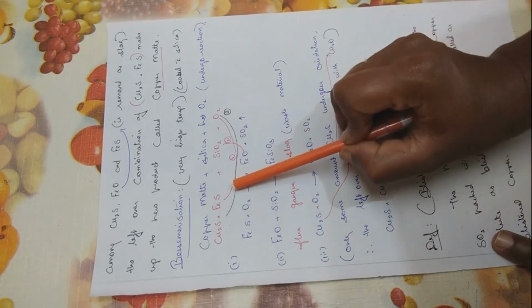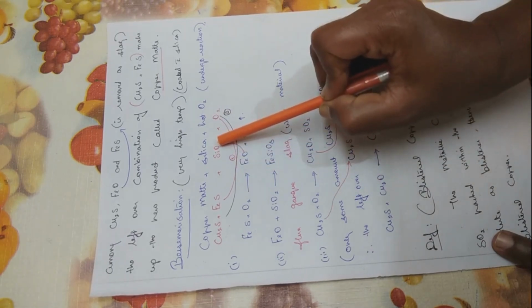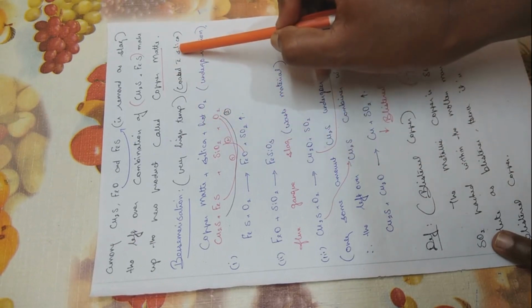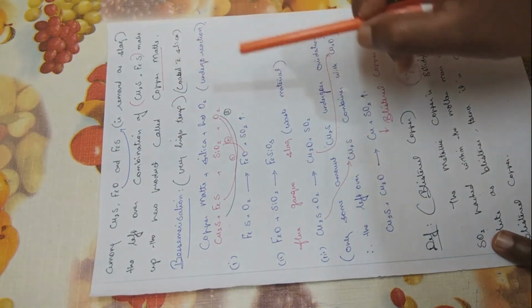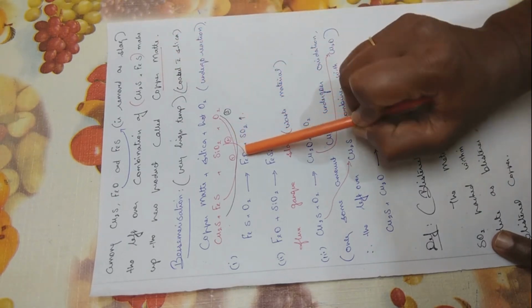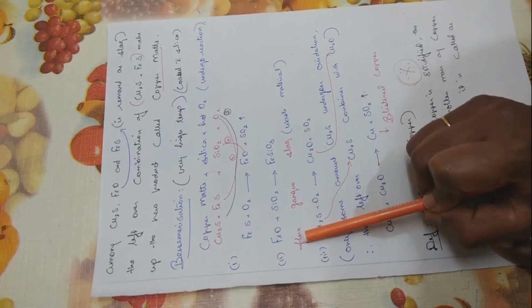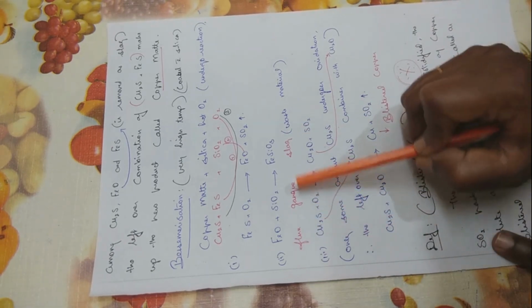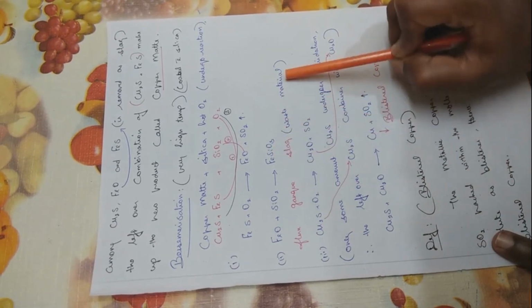The second step is the ferrous oxide formed reacts with the silica, which is the coating of the furnace. The ferrous oxide reacts with the silica to give me slag. That is, ferrous oxide is the flux taken here, SiO2 is the gangue here. Together they give me slag.